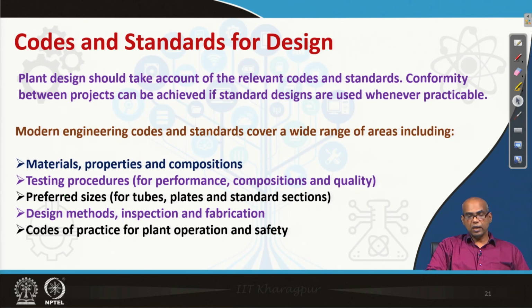Modern engineering codes and standards cover a wide range of areas including materials, properties and compositions, testing procedures, for example, for performance, compositions and quality, preferred sizes, for example, for tubes, plates and standard sections, design methods, inspection and fabrication, and codes of practice for plant operation and safety. So, we must take into account the relevant codes and standards, then conformity between projects can be achieved.